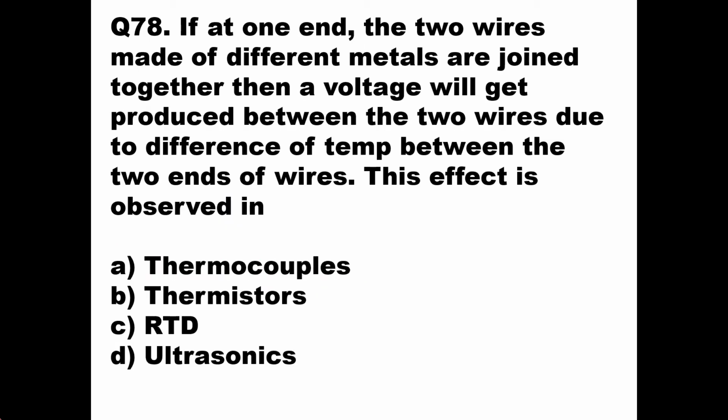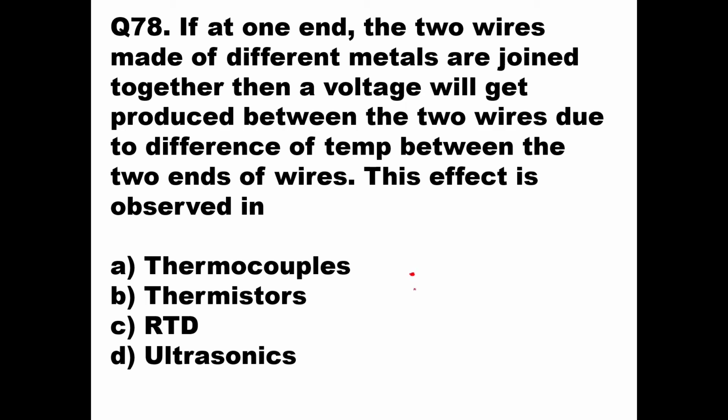Question number 78. If at one end two wires made of different materials are joined together, then a voltage will get produced between the two wires due to difference of temperature between the two ends. So we can show this something like this.